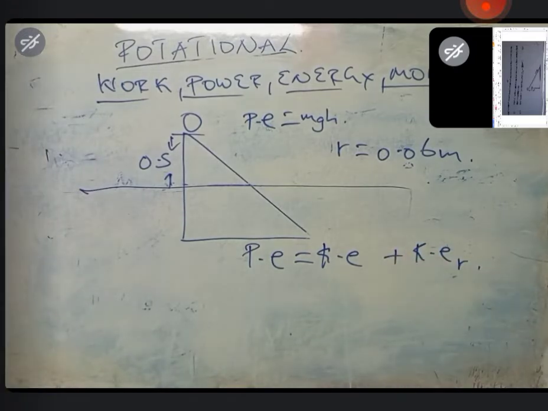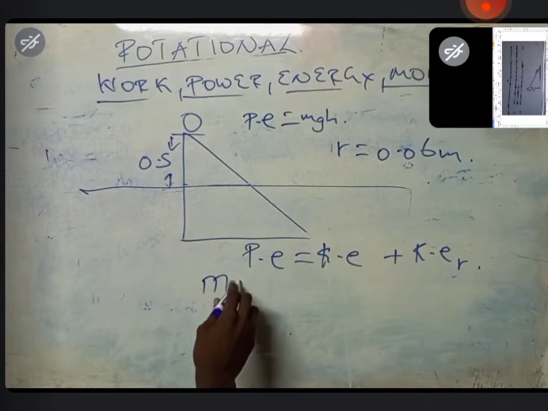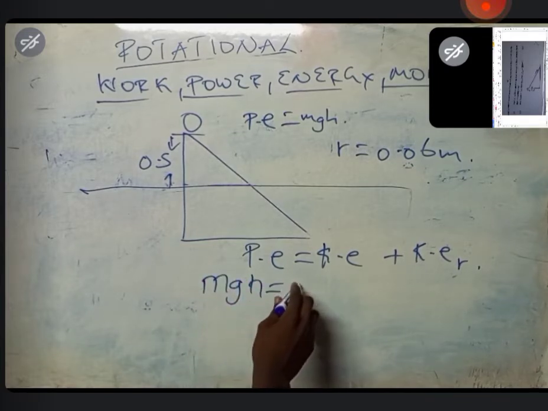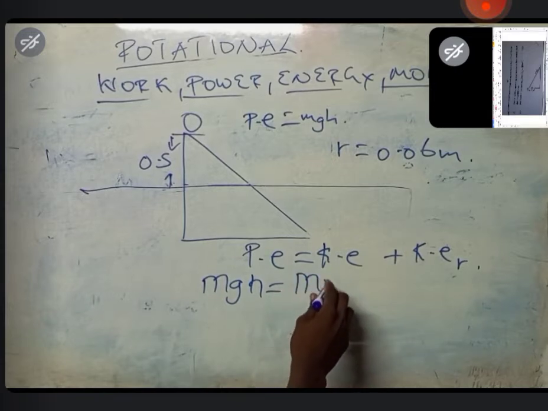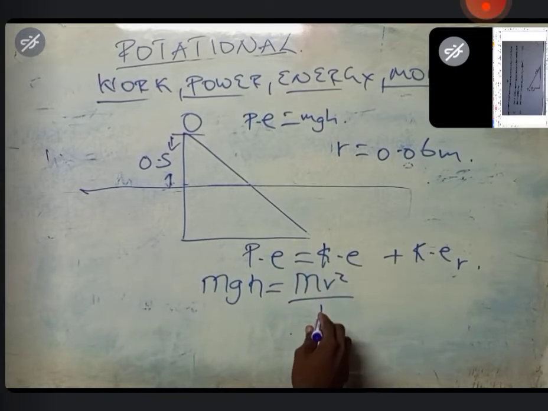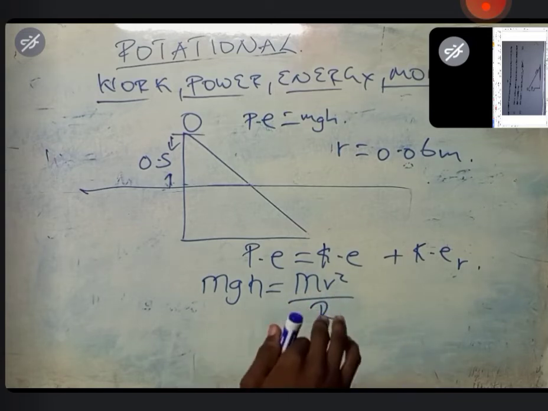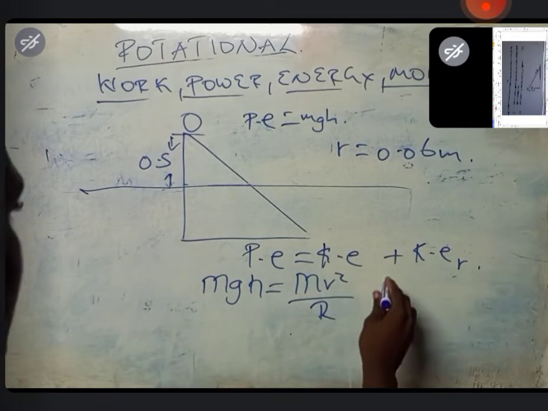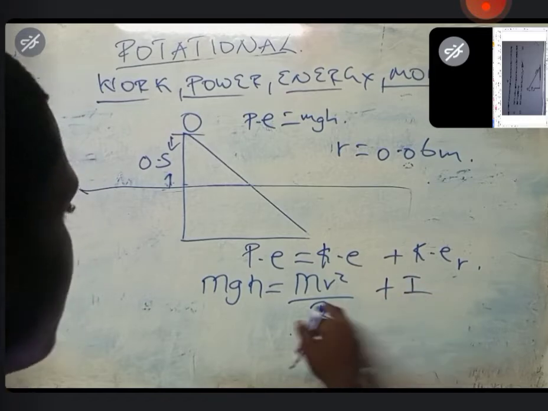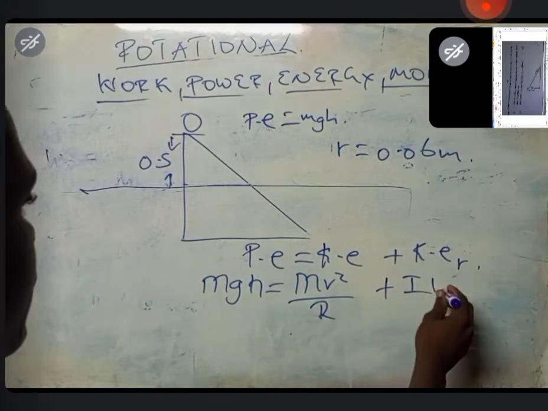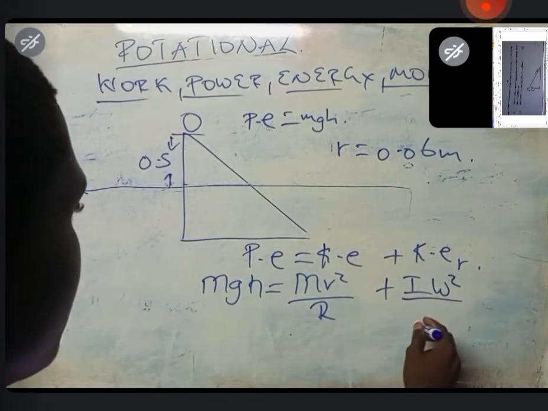So potential energy, we all know that it's mgh. The linear kinetic energy is mv squared over 2. Then rotational kinetic energy, what are the counterparts? It's the moment of inertia, and the velocity is angular, then over 2 as well.